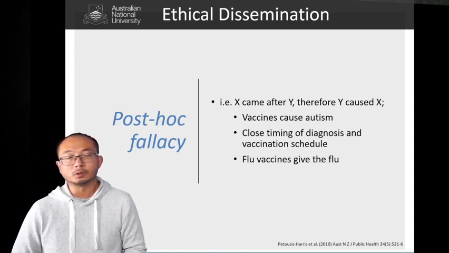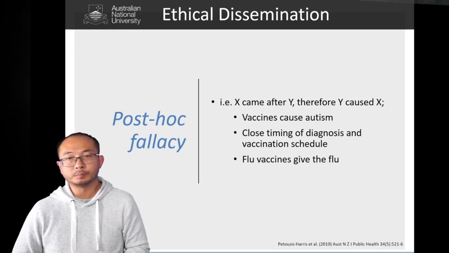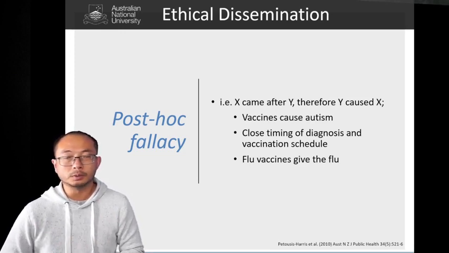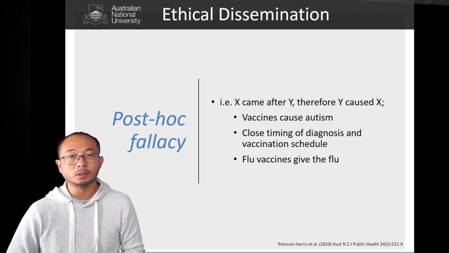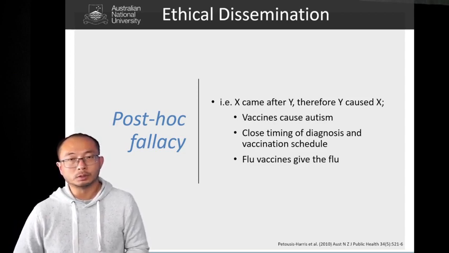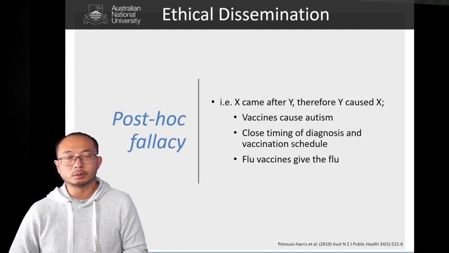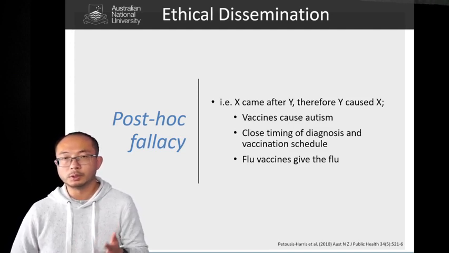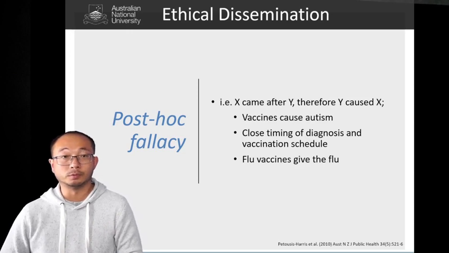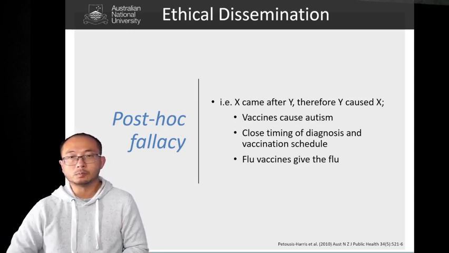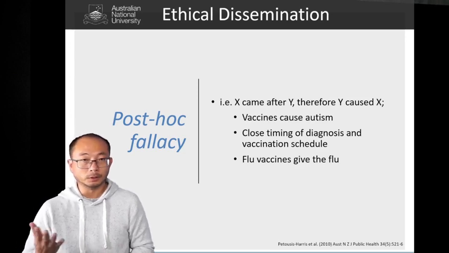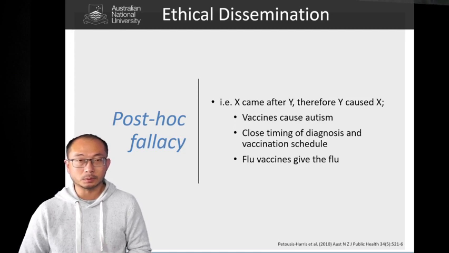The post hoc policy is something that you can see quite commonly, and it's quite common in public health messages or issues in public health. Probably the most commonly heard one is that flu vaccines give you the flu. It originates when people who have taken a flu vaccine subsequently fall ill with flu-like symptoms.